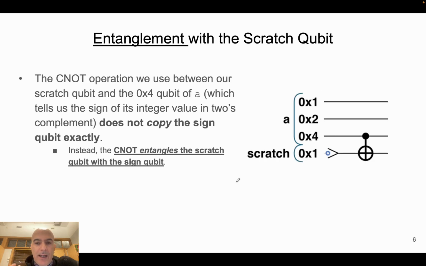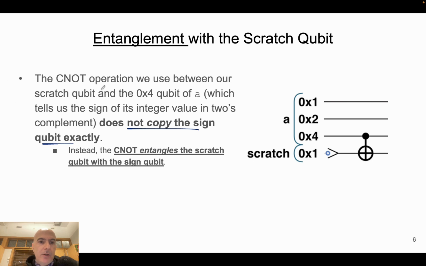I said that we somehow couple. The important thing is we do not copy the sign, because at this point of the course we know that the copy operation is not allowed by quantum mechanics. In quantum computing there is the no-cloning theorem that does not allow us to perform any copy operation.